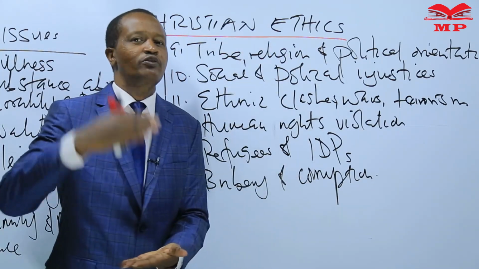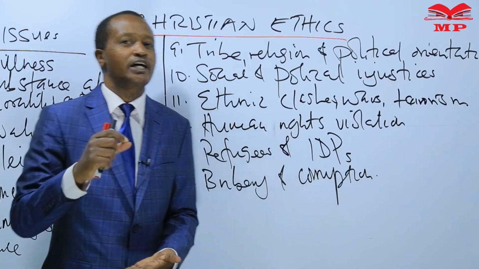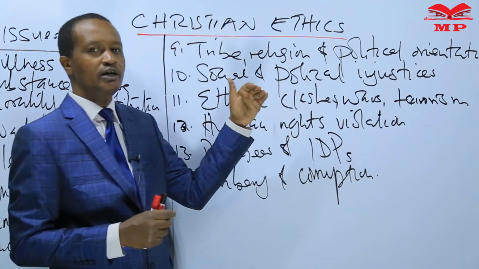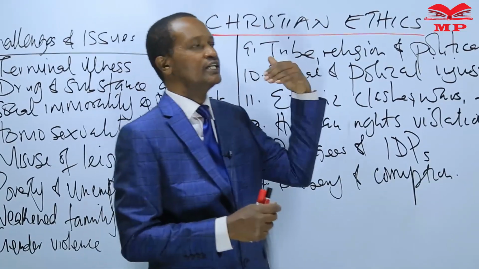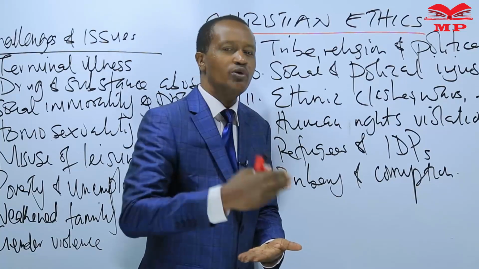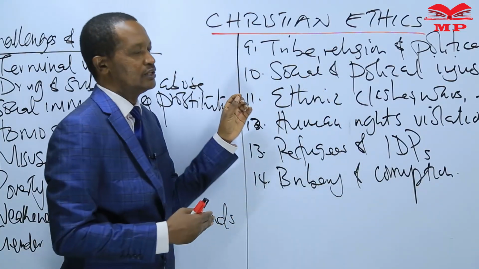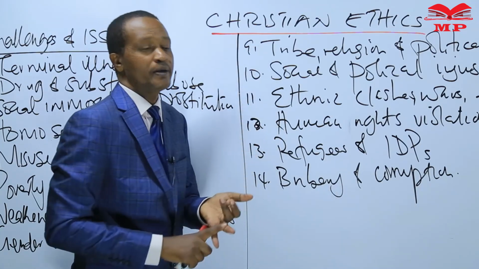So Christian ethics has a central focus on conduct. This is because we cannot separate Christianity from the conduct of Christians. Christian ethics provides guidelines on how Christians are expected to relate with God, and number 2, with fellow human beings.